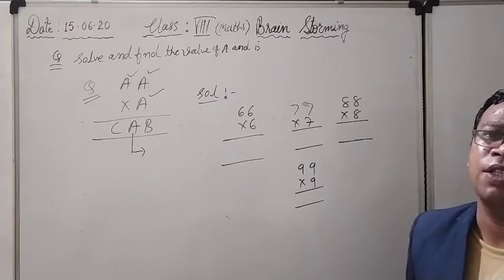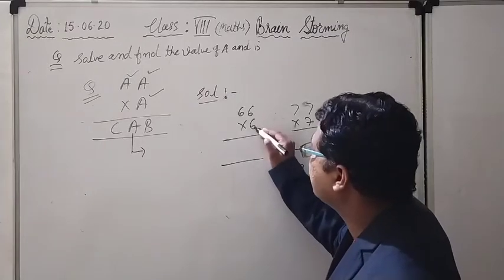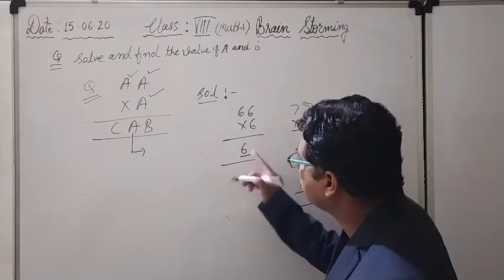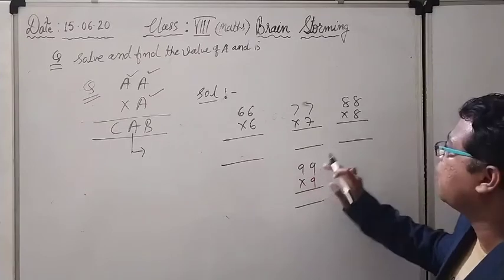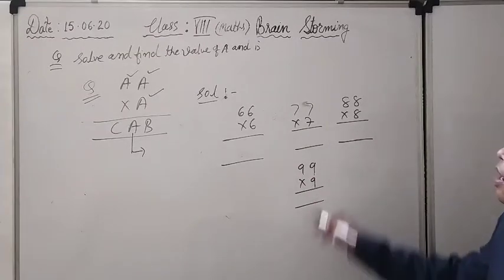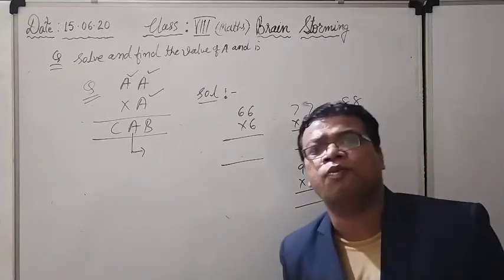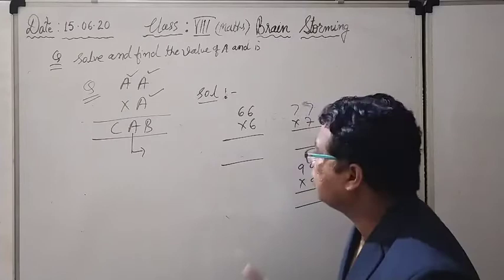Meaning is that for 66 into 6, the middle digit should be 6, for 77 into 7 it should be 7, for 88 into 8 it should be 8, for 99 into 9 it should be 9. And this way I can check for 3 also, 4 also, no problem. So right now one by one we have to check it.